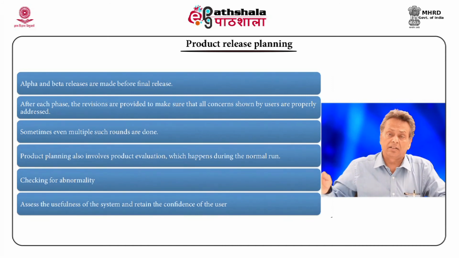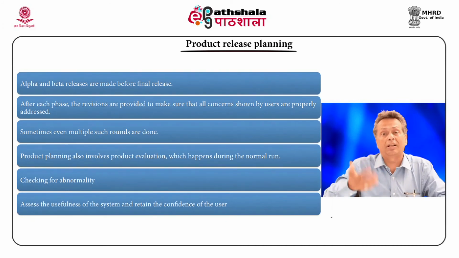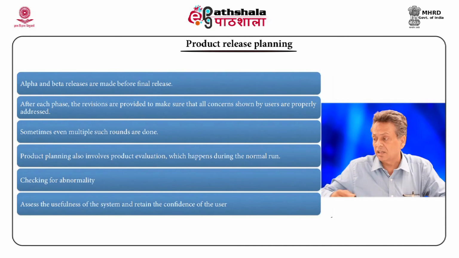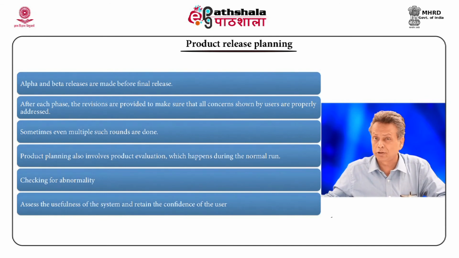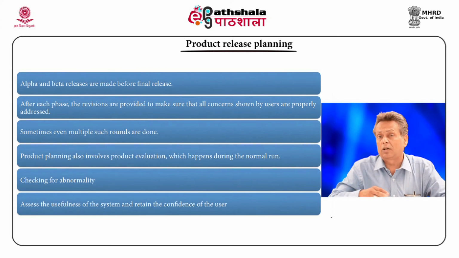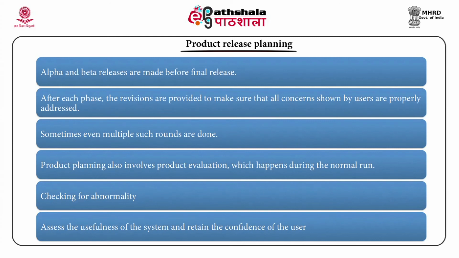But in the case of an expert system, you probably have more than one beta release and so on, because the domain is more unstructured, and probably the system itself is less structured as well. You check for abnormal cases as well, which is not possible in conventional cases. A lot of abnormal cases might be there, because every other system says that it is malaria but the patient has typhoid. That is possible.